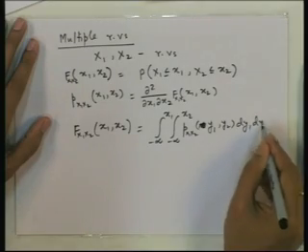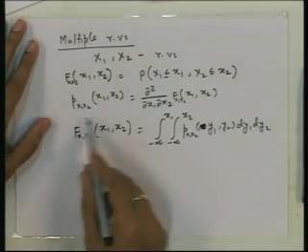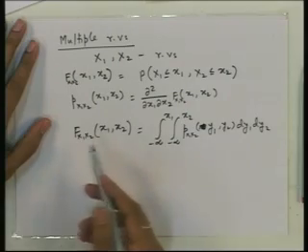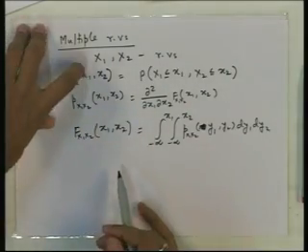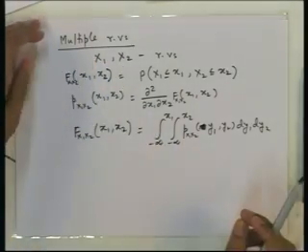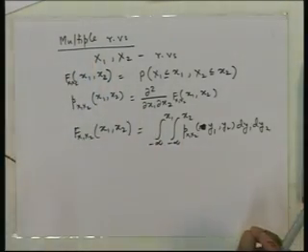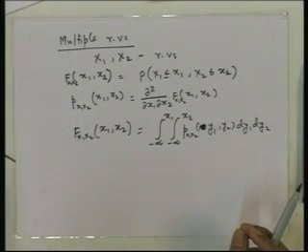From this density function, we can get the marginal density functions of the two random variables separately. For X1 there is a density function, for X2 also, if they are continuous random variables. This is the joint density function of the two random variables.